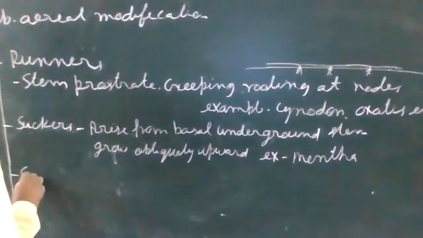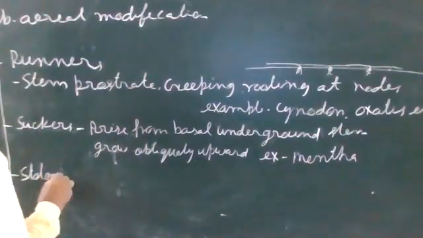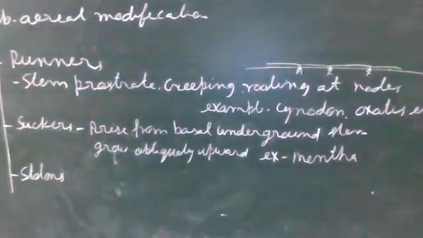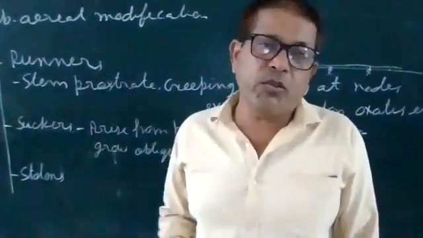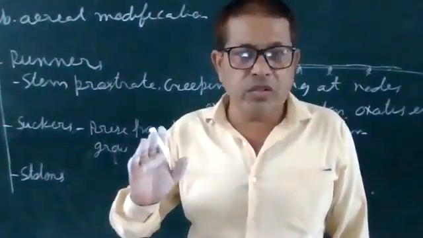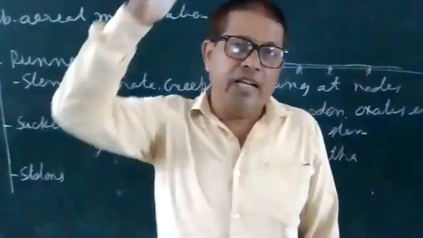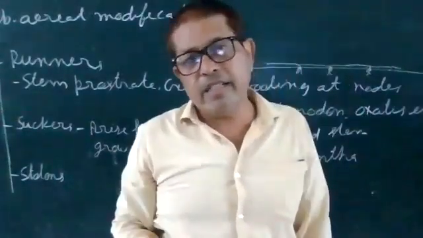Runners, suckers, and the next modification is stolon. In this case, a lateral branch grows vertically, then makes an arc to touch the ground.